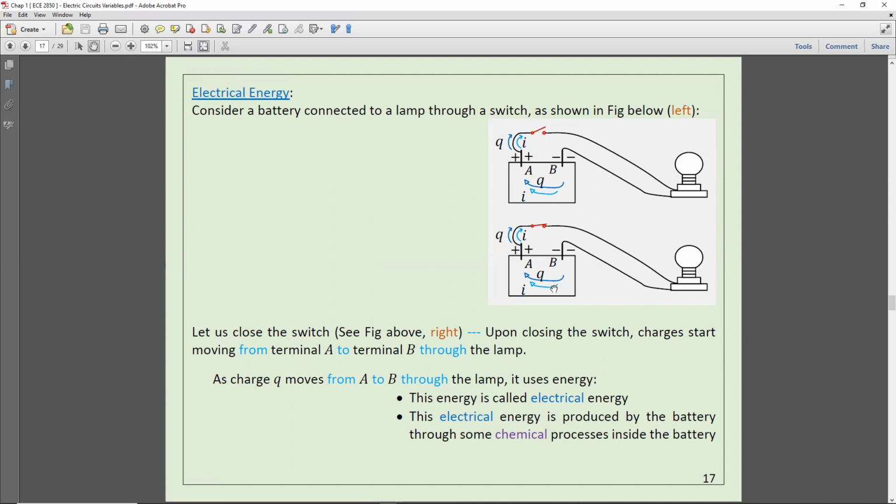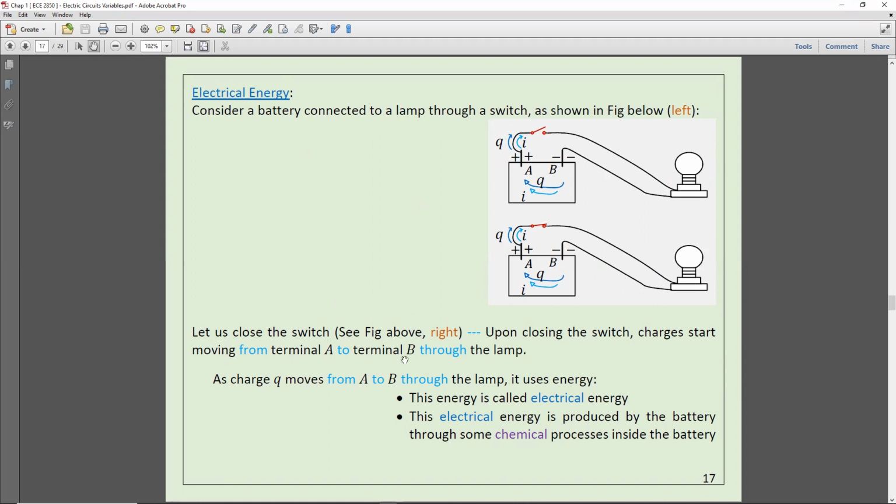However, if you connect the switch this way, current is going to flow, and what we are doing is transferring energy from the battery to the lamp. This chemical energy, we transfer it in terms of electrical energy to generate light and heat.